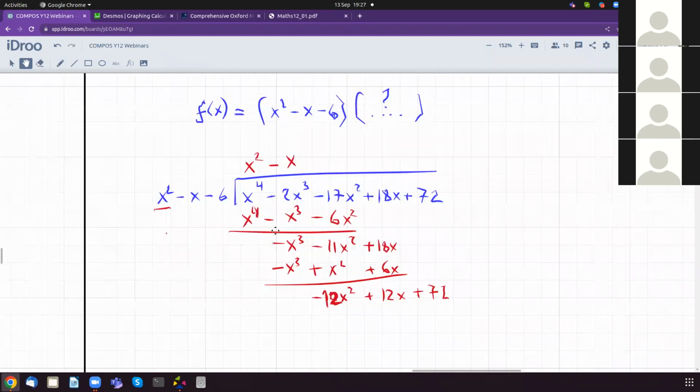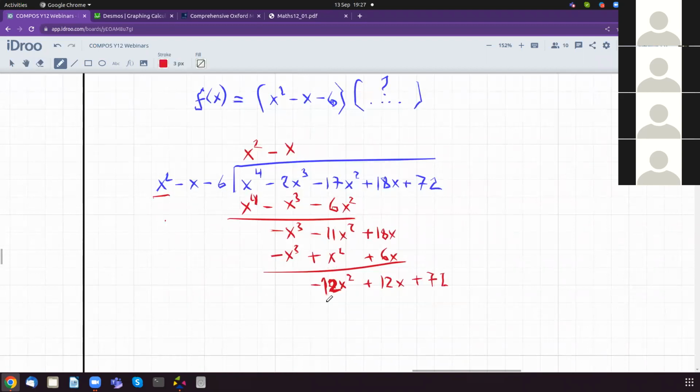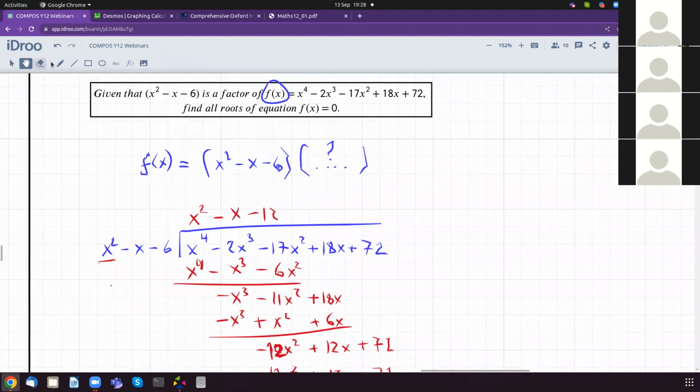So it's going to be minus 12. So minus 12x squared plus 12x plus 72 and 0. So that means this expression can be written as x squared minus x minus 6 times x squared minus x minus 12.